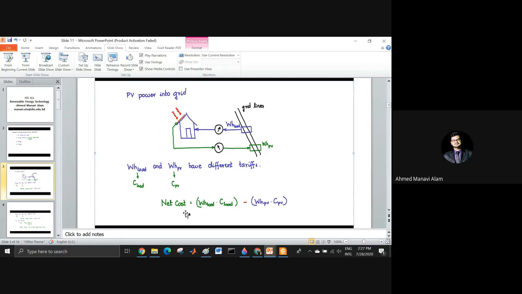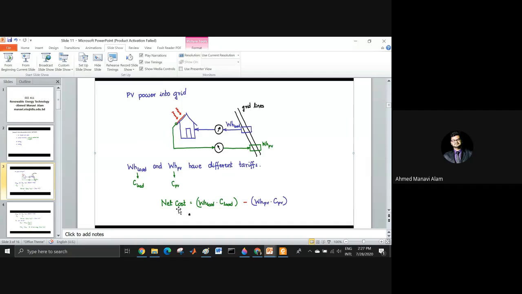So the formula of this net cost is very important. This is buying, this is selling. Buying minus selling is equal to my net cost. This is as simple as that. Suppose you have sold 150 taka worth of apples and you have bought 200 taka worth of oranges.